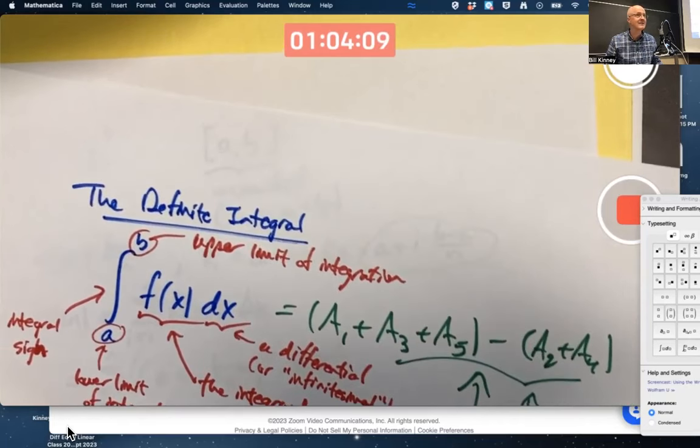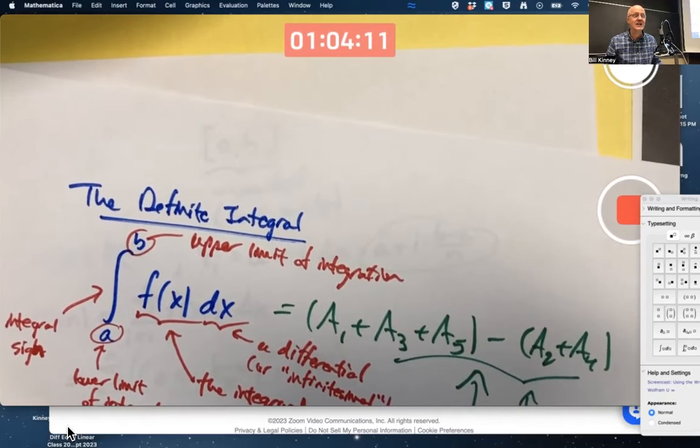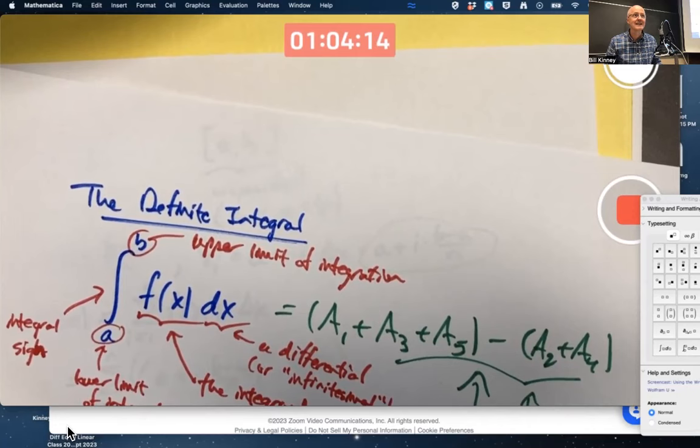At the moment, it doesn't feel almost obvious. It feels like magic. Poof, out pops the answer.